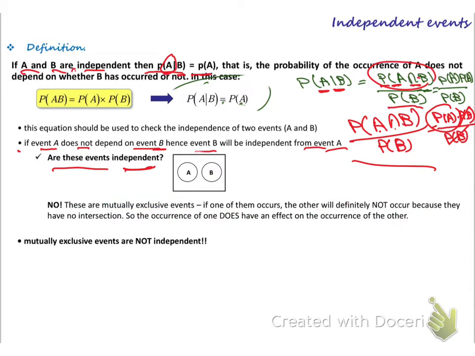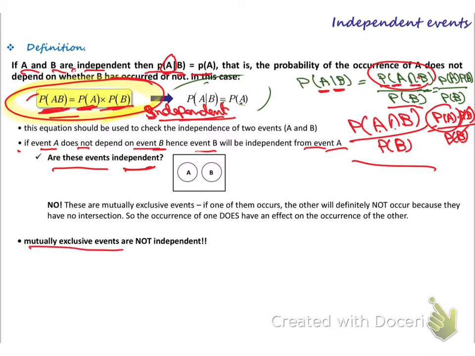So this is called the rule of independence. If they are independent of each other, the probability of A intersect B equals the probability of B times the probability of A, because they are independent. Independent means that if one of them happens, it does not impact the happening of the other one. If they are independent, we can apply this rule.